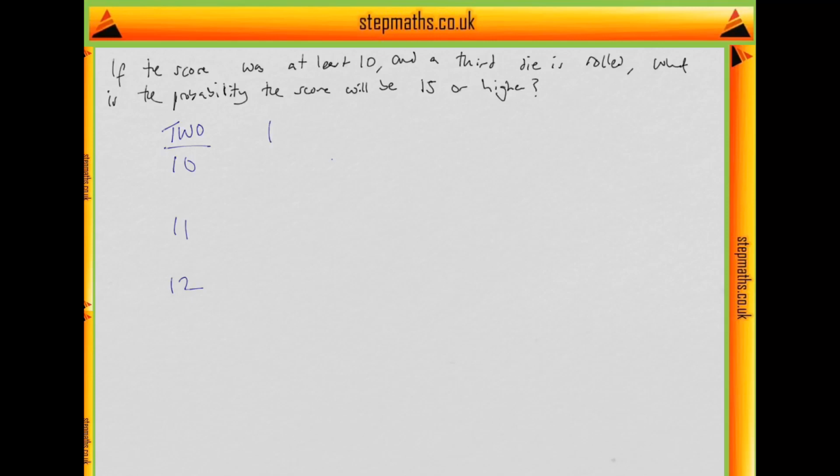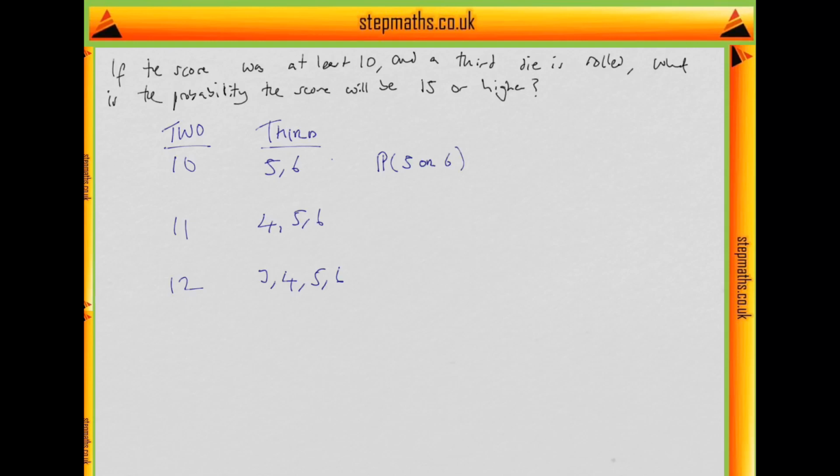So what could we have on the third roll? On the third roll, for a 10, we want it to be 15 or higher, so clearly we need a 5 or a 6. For 11, we need a 4, a 5, or a 6. And for 12, we need a 3, a 4, a 5, or a 6. What is the probability of a 5 or 6?